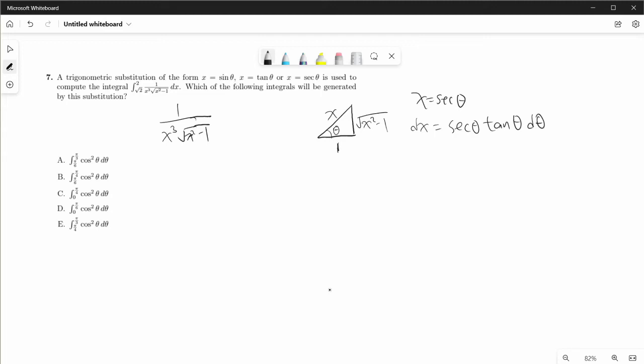Now we can plug this all in. So we don't know the limits of integration yet, but we will have, so x cubed would be just secant theta cubed times, we can replace the square root part with just simply tangent theta, which would be opposite over adjacent, right?